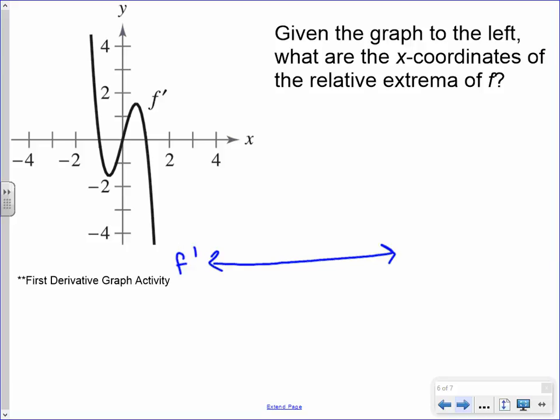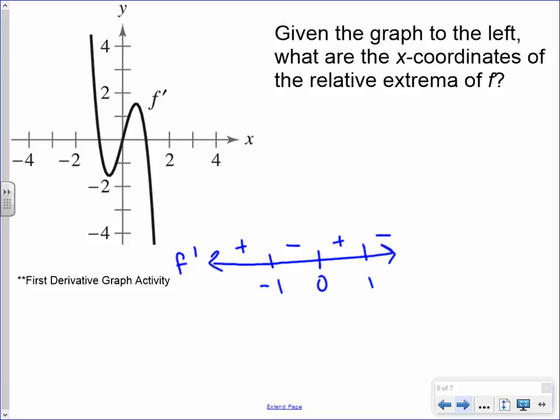So that would occur at -1, 0, and 1, right? So if we had a sign chart, to the left of -1, our derivative is positive. Between -1 and 0, our derivative is negative. Between 0 and 1, it's above the x-axis, our derivative is positive. And to the right of 1, our derivative is negative.